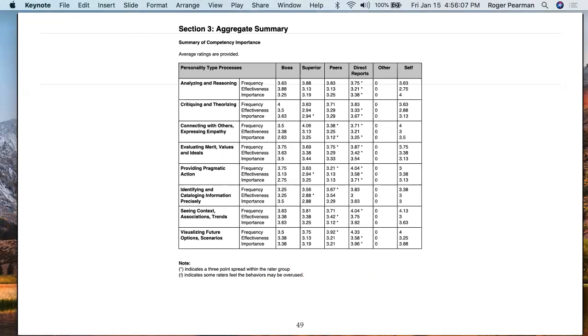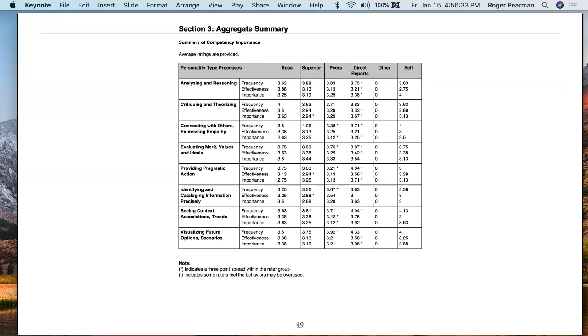So you see here, this is the aggregate summary that gives you the means of frequency, effectiveness, and importance across all 8 of the type processes. You see the summary across the boss, the superior, peers, direct reports, others, and self. It gives you the very big picture. The asterisk tells you there was a 3-point spread in the rating in a group.